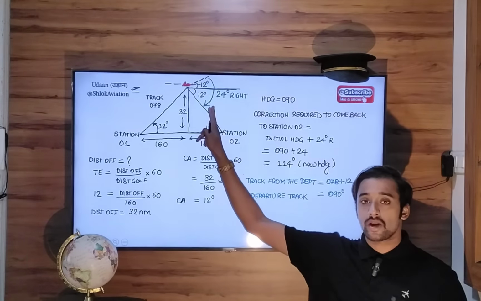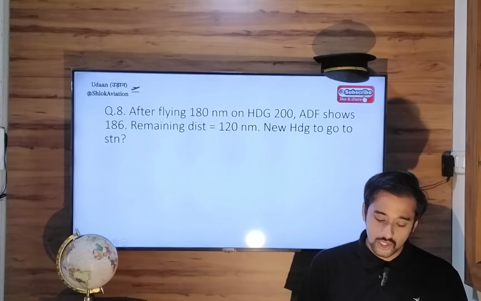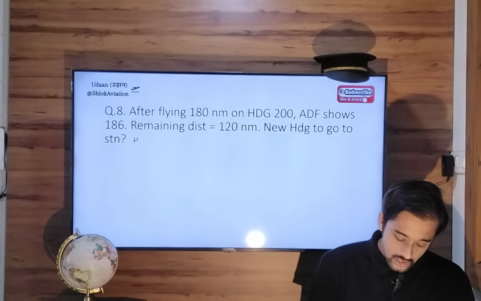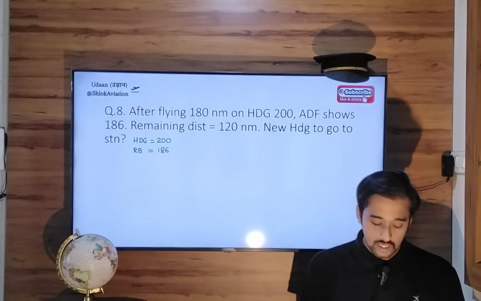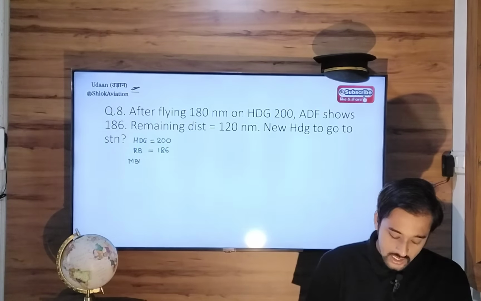Question number 8. After flying 180 nautical miles on a heading of 200, so heading is 200, relative bearing is 186. Now when you have these two, you can find out magnetic bearing to the station, or QDM, which is magnetic heading plus relative bearing, which is equal to 200 plus 186, is 386, or 386 minus 360 is how much?